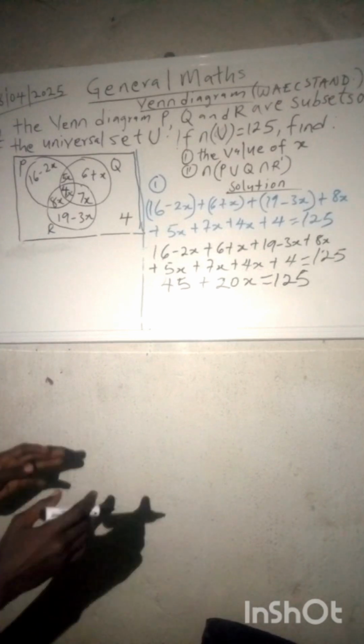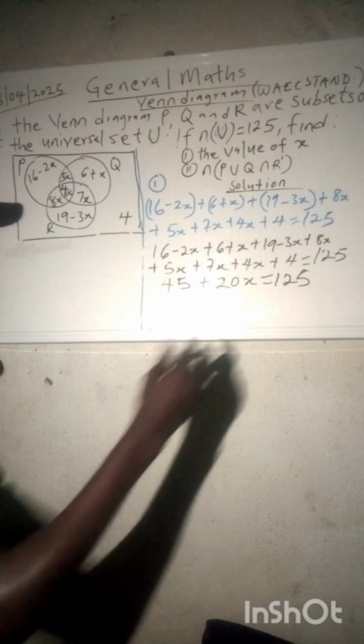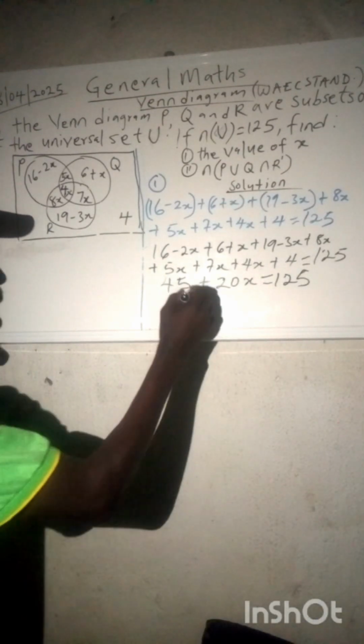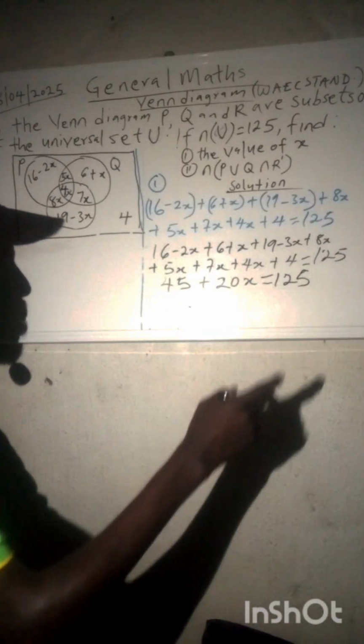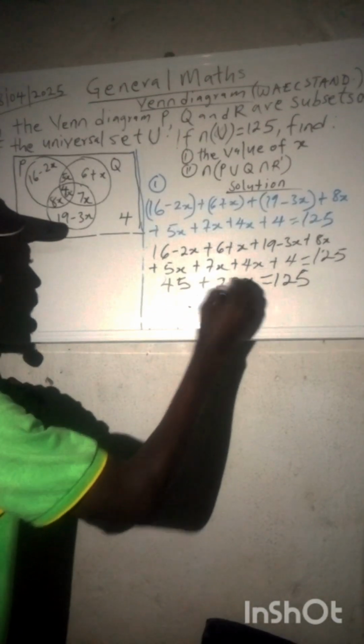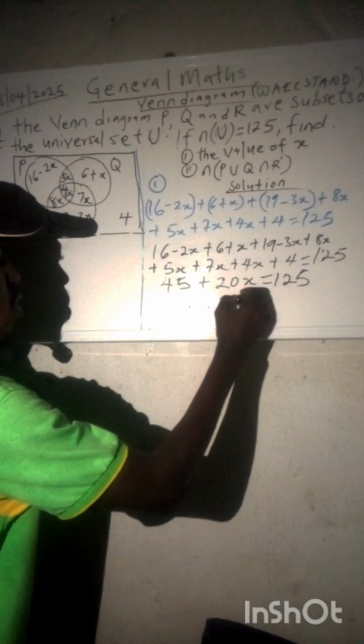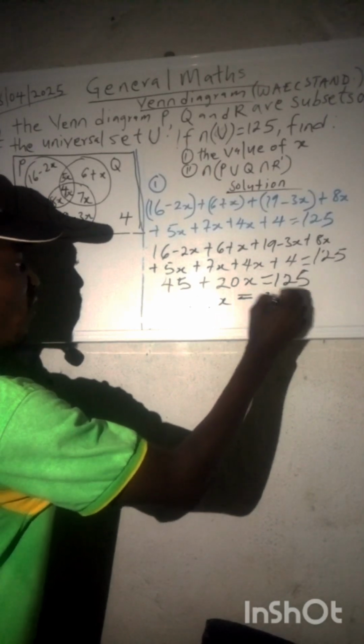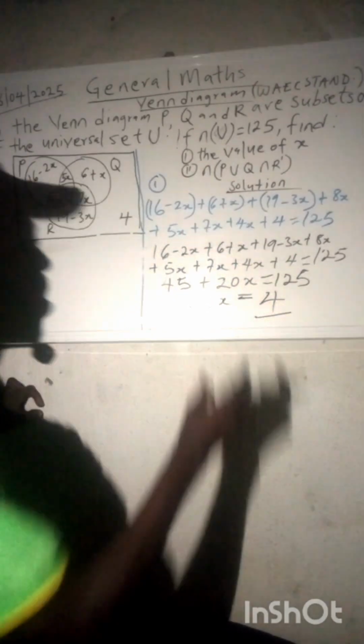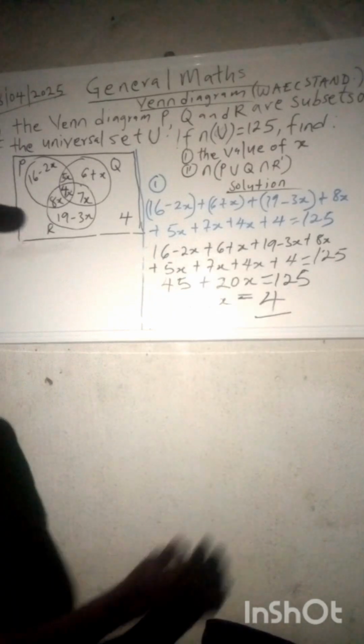You now make x the subject by collecting terms. At the end of the day, x will be equal to 4. So this is the value of x.